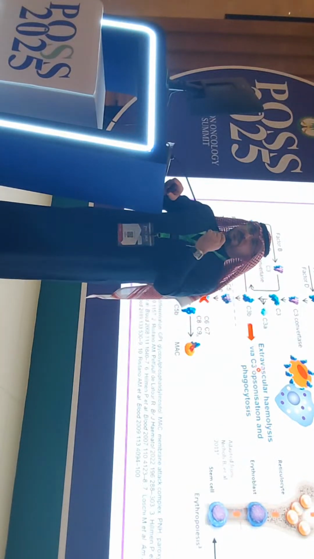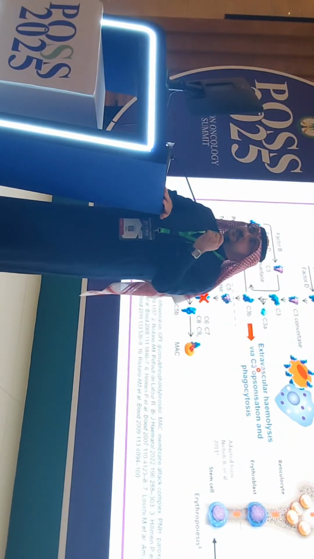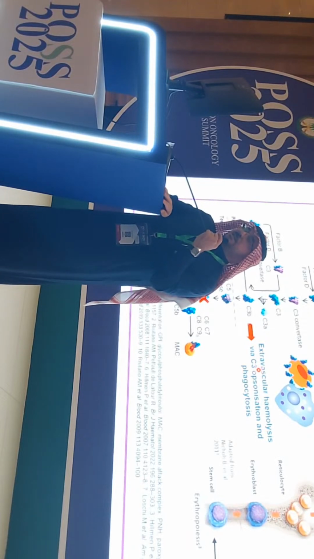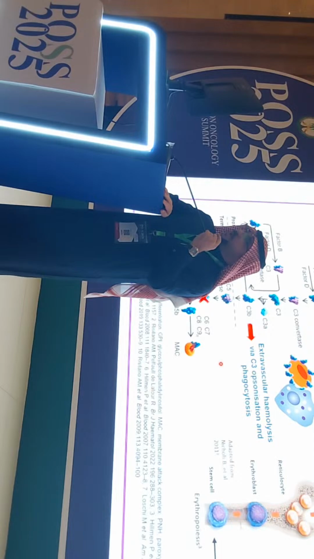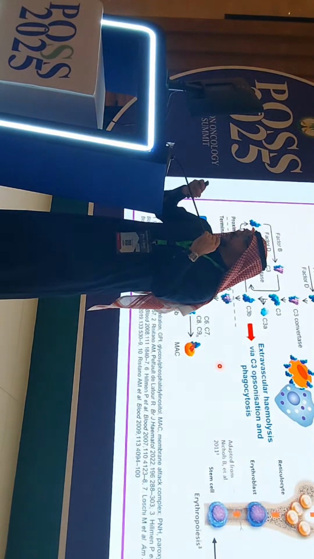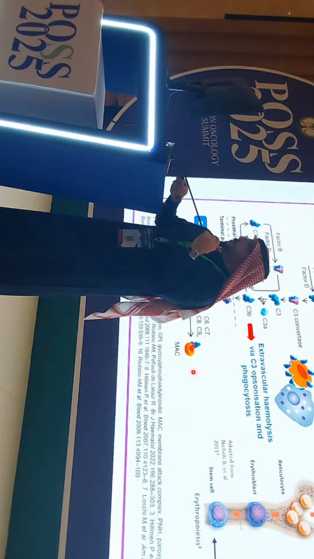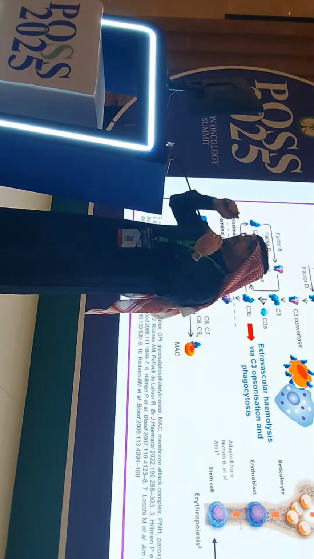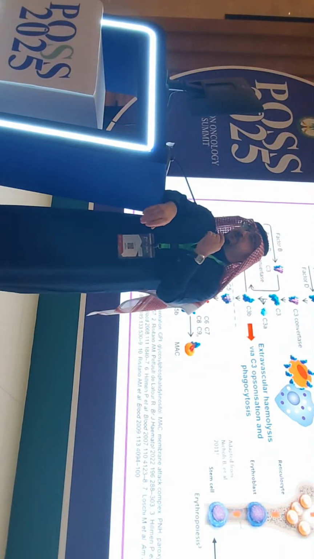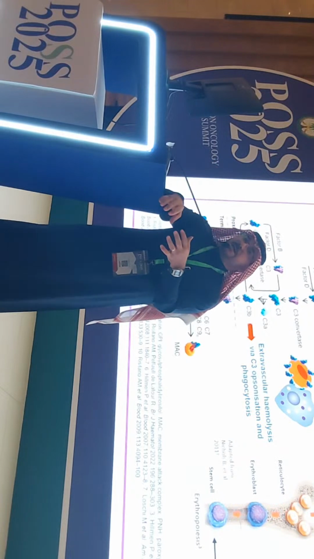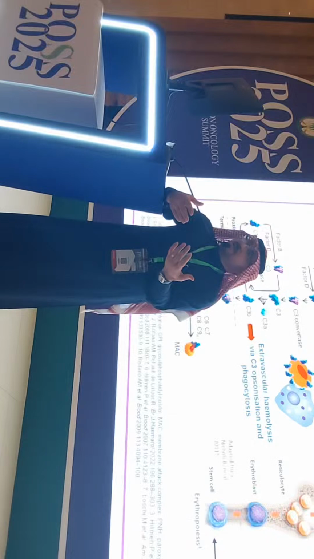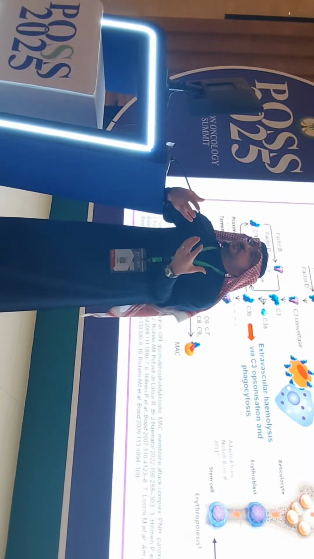But the problem with C5 inhibitors is the development of extravascular hemolysis. As you can see here in this pathway, you remember I explained this. Now, the action in the alternative pathway is continuously active, there is continuous formation of C3b.